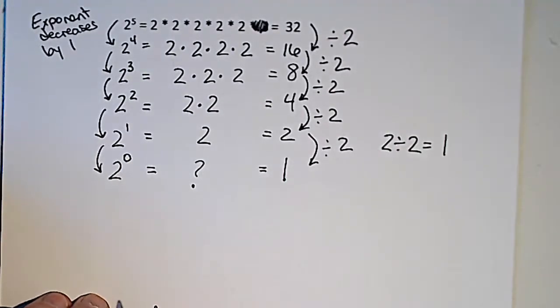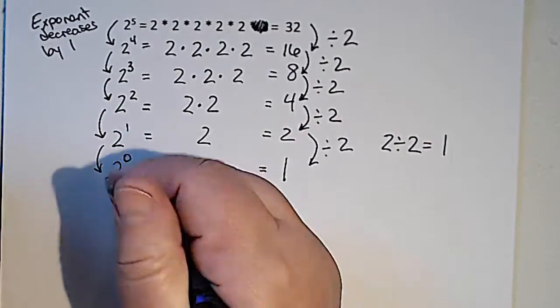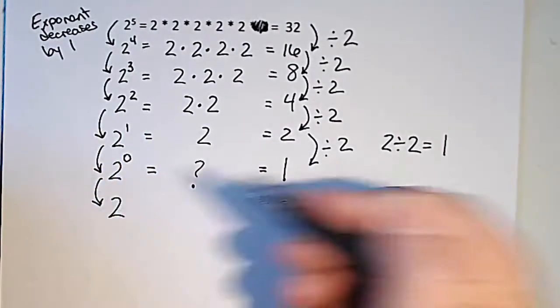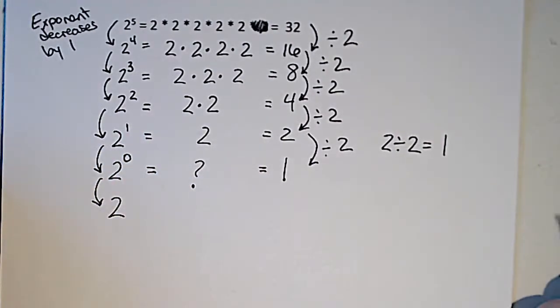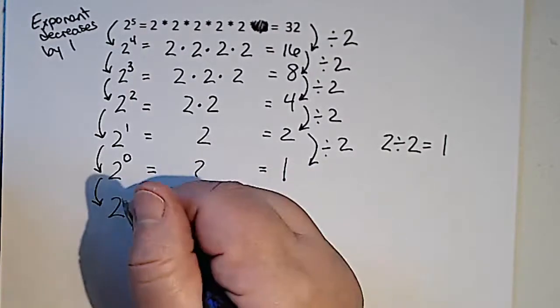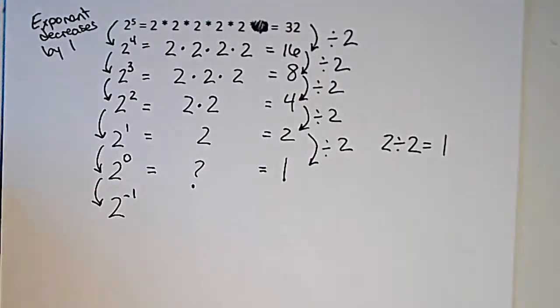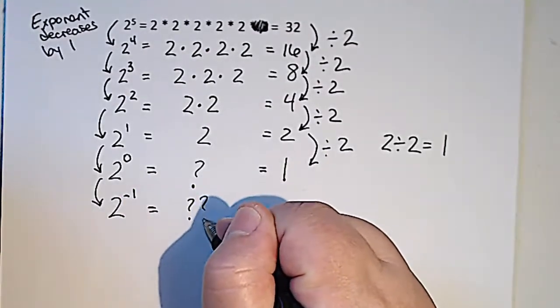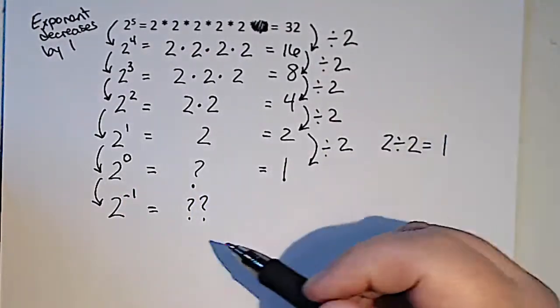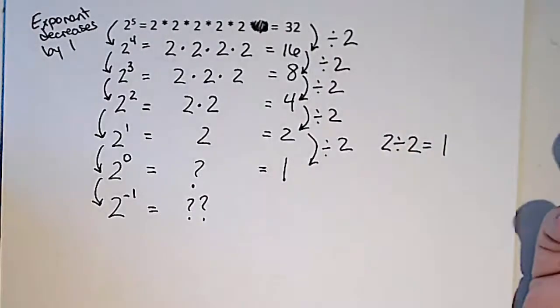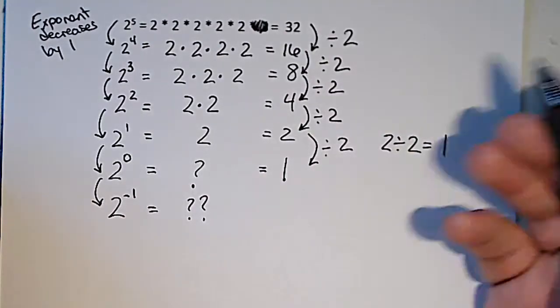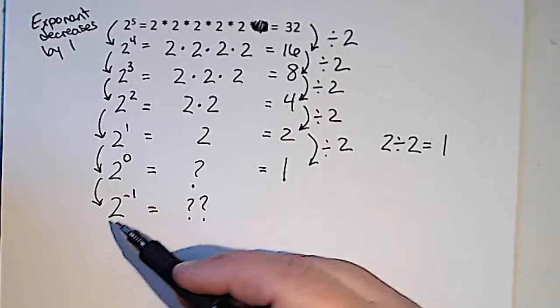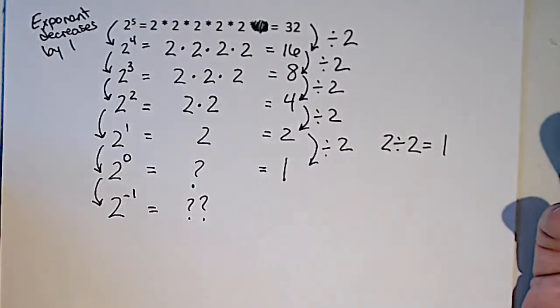But I'm not going to stop there because, patterns. What's the next one? What would the exponent be? Dora style. You're right. I'm going to keep subtracting 1, so I get 2 to the negative 1. Again, I really don't know what this would be. We're so far out of the representation of an exponent, 2 negative 1 2's multiplied together, what does that equal?